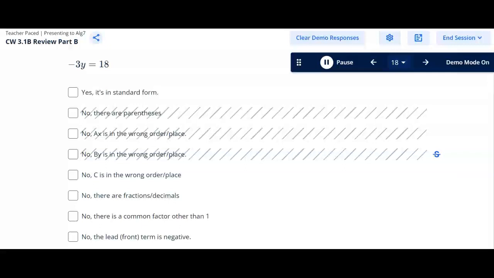All right, we have 2 people who've gotten the correct answer. Just keep working your way down, check each one. I've already crossed out 3 that are not correct, and it is not in standard form either.